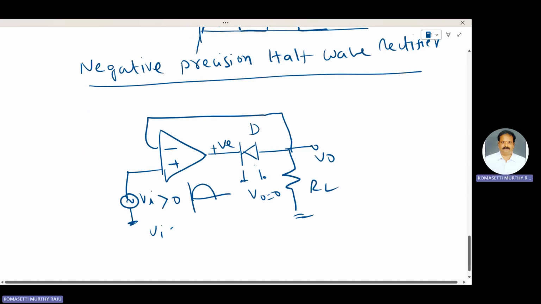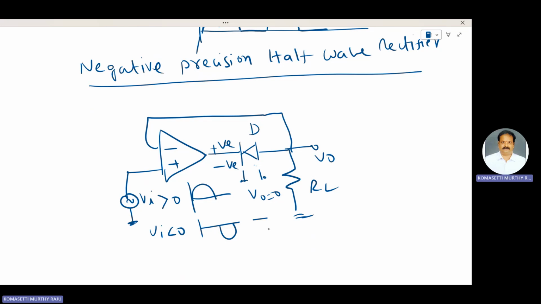When Vi is less than 0, the negative half cycle of that input waveform, this one is negative. The diode is forward biased, acts as a closed switch. In that case, V0 is equal to Vn, Vp is equal to Vi.